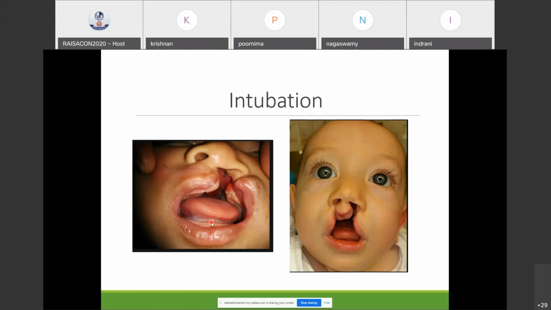Okay, still you're not able to intubate. Yes, sir. Now I will try to maintain the airway with a supraglottic airway device, sir.